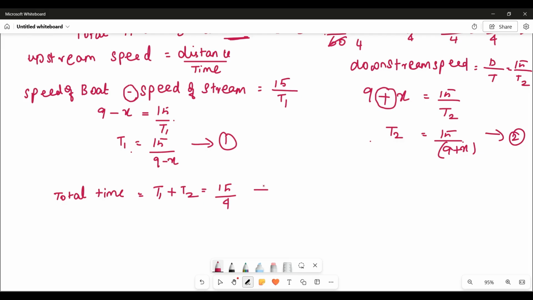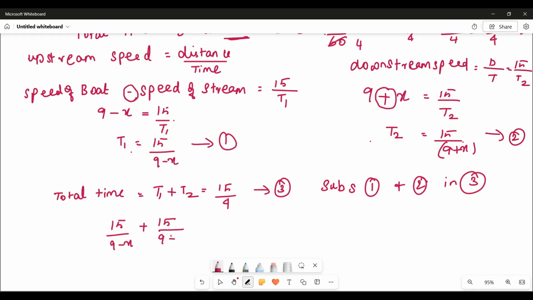This is equation 3. So substitute equations 1 and 2 in equation 3. This becomes 15 by 9 minus x plus 15 by 9 plus x equal to 15 by 4.